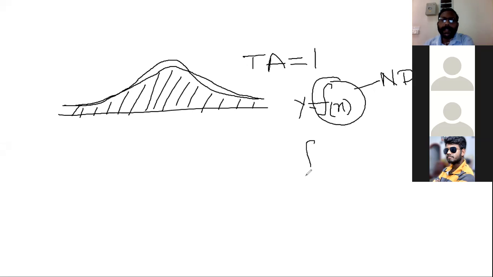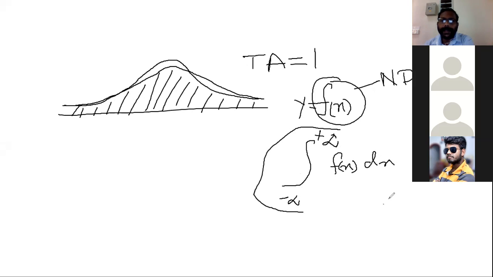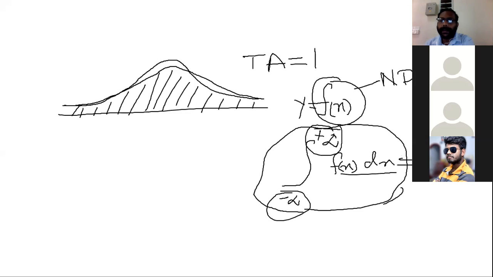I integrate this function, have you heard about it, from minus infinity to plus infinity with respect to x. This is a definite integration. If you integrate this function for the range of minus infinity to plus infinity, you end up with the answer 1.